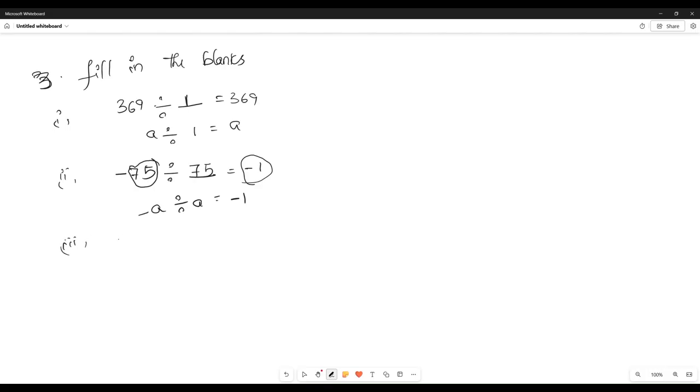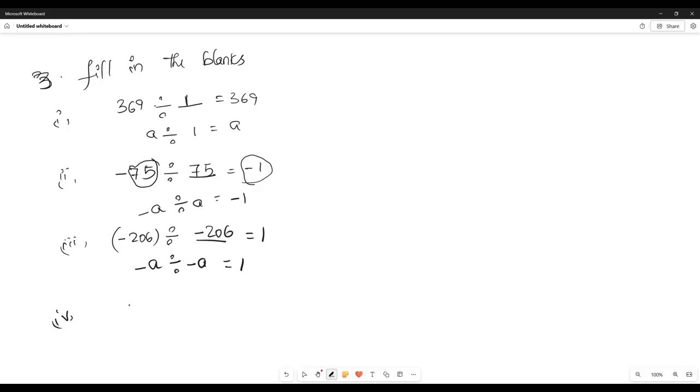In the third question, minus 206 divided by dash gives 1. Here it is a negative, here it is a positive. We get a positive when we divide by the same number with the same sign, which means minus 206.